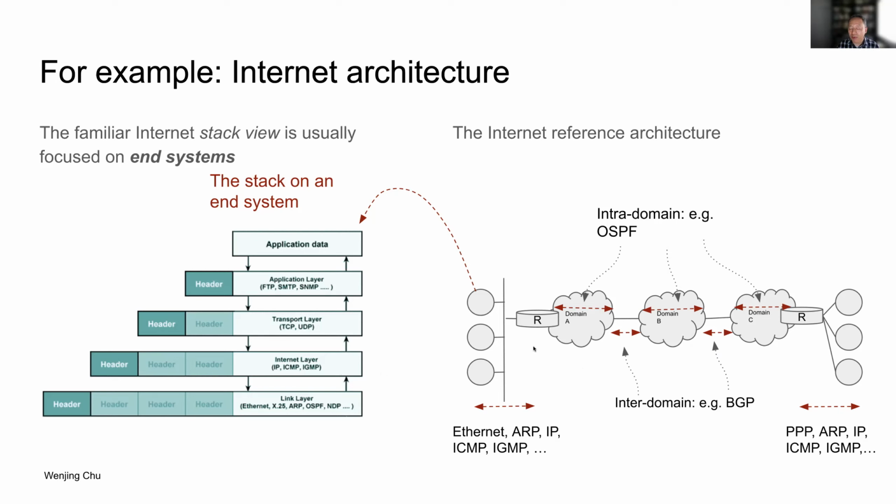The reference architecture for the internet are shown on the right side, which really laid down the landscape of what the internet look like. So in this case, you start with an endpoint, for example, a mobile phone or a laptop, which connects to the local network, eventually reach a router. And the router really is the node that we jump onto the true internet, which is with intradomain and interdomain protocols.